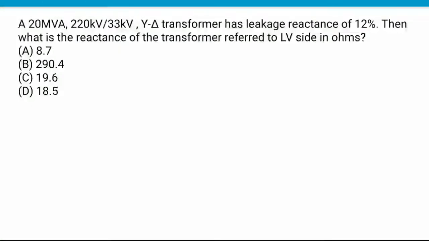Here given that leakage reactance is 12%. That means reactance is always, in case of transformer, calculated in percentage or in per unit with respect to a base impedance.